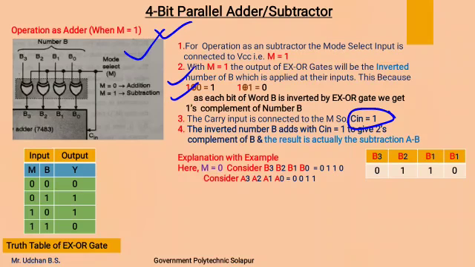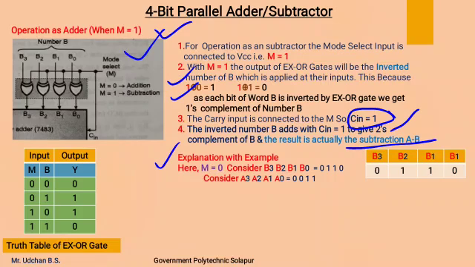The inverted number b adds this carry input 1 to give the 2's complement, and we are going to add this complement of b with a, which is nothing but a subtraction, that is a minus b. This is how the circuit acts as a subtractor using the 2's complement method.